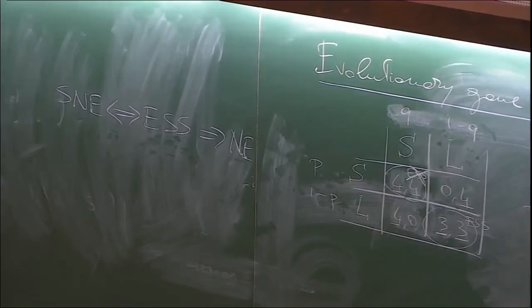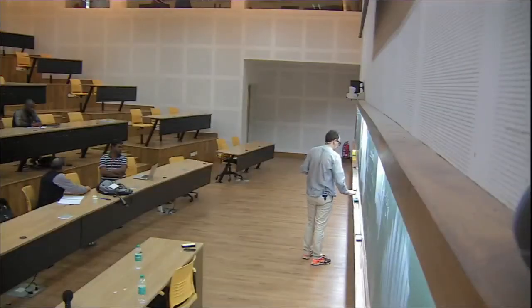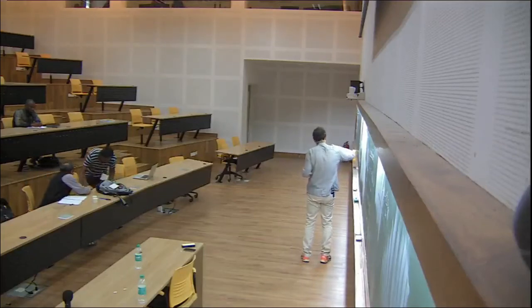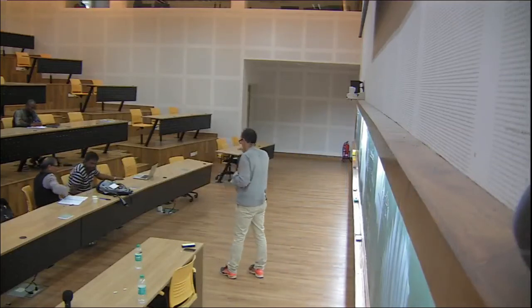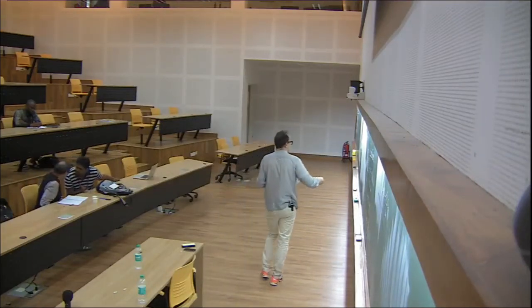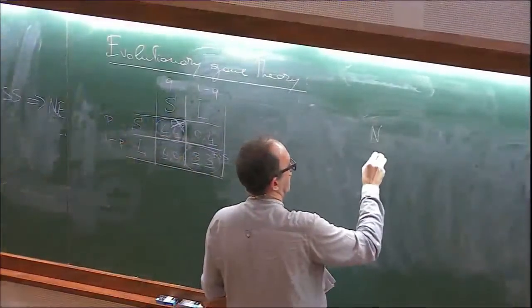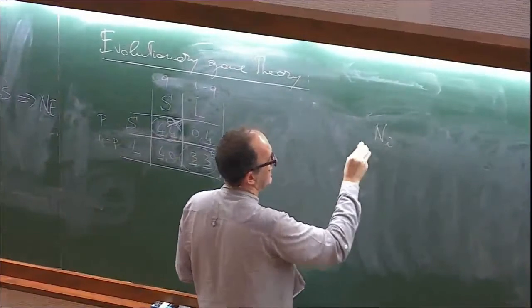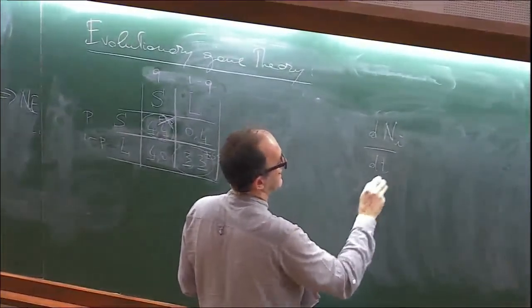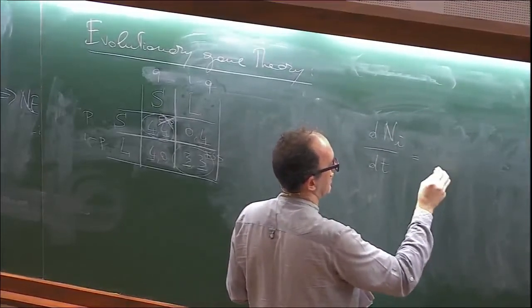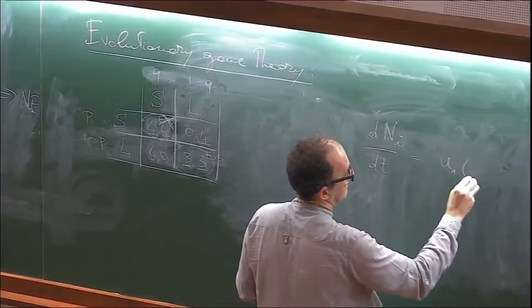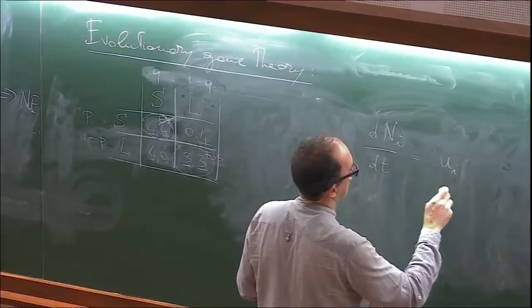So the idea of this evolutionary game theory is that in the end you are thinking about populations whose fitness is proportional to the payoffs, and so you think that the number of individuals in each population increases with a rate which is proportional to the payoff that they get by playing their strategies.